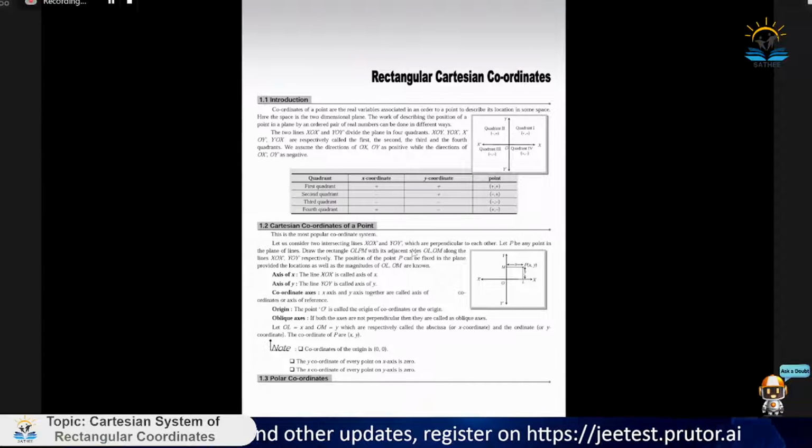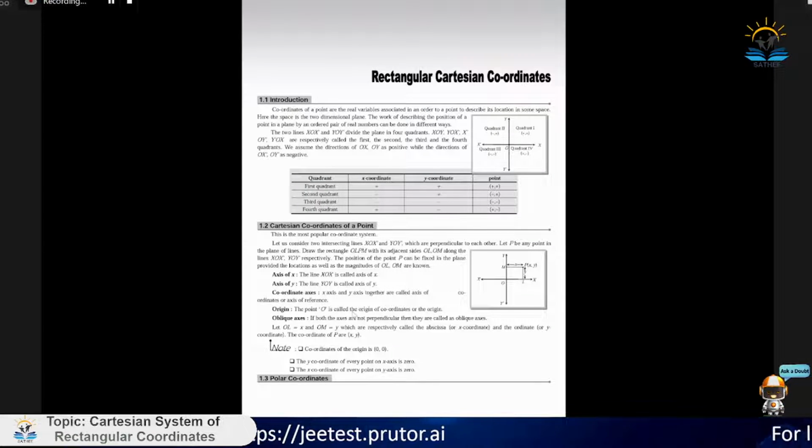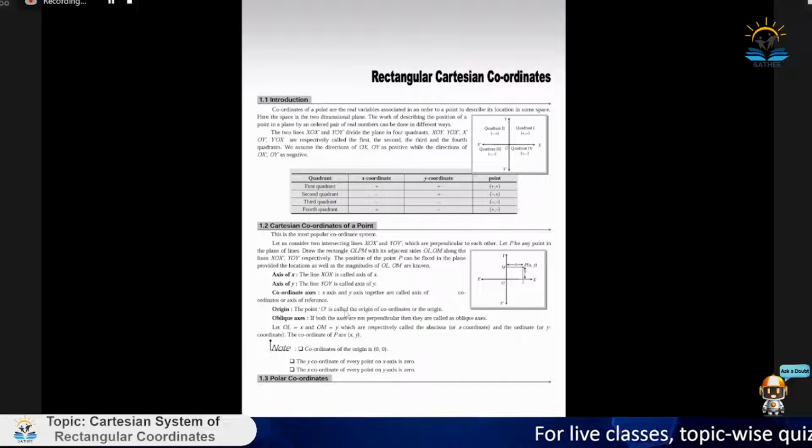Combined, these two lines are called coordinate axes. The intersection point of these two lines is called the origin. If the lines are not perpendicular and make an angle other than 90 degrees, they are called oblique axes.